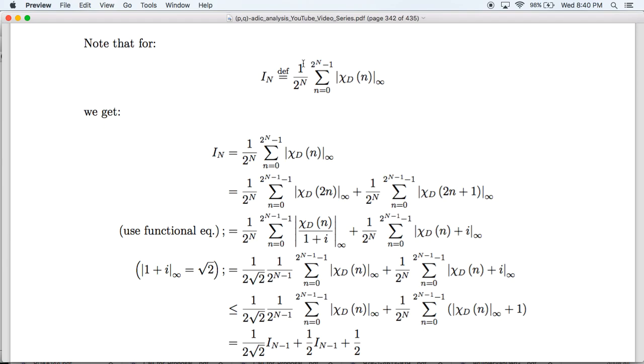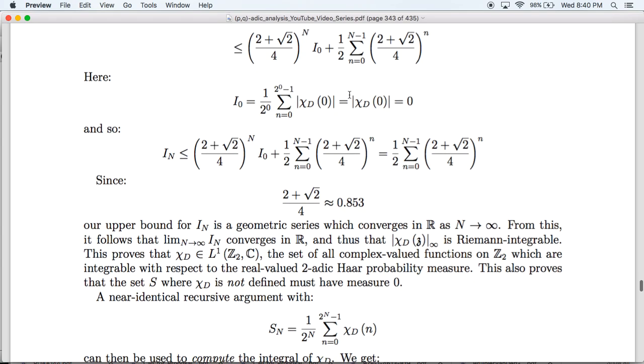This, of course, is precisely the two-adic Riemann sum of chi_d of n. And so what we've just proven is that chi_d is in L^1. It's integrable with respect to the real-valued two-adic Haar probability measure.